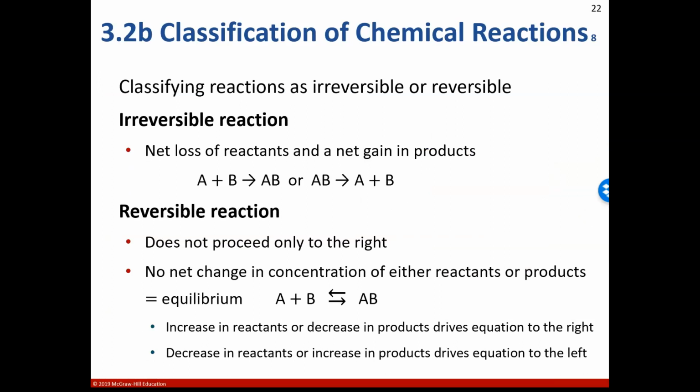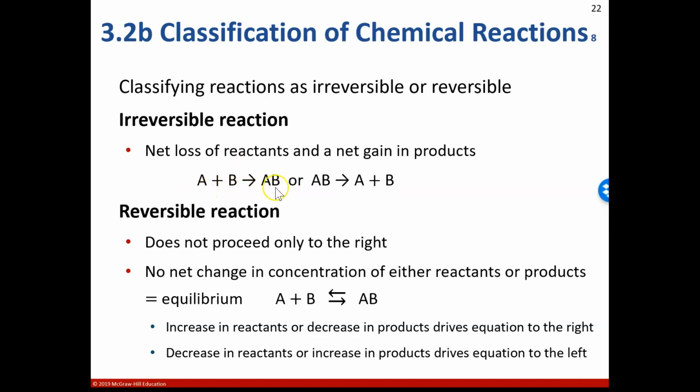And we can classify our reactions as irreversible or reversible. Irreversible reactions mean that we have a net loss of reactants and a net gain of products. So essentially, we're only going to one side of the reaction.